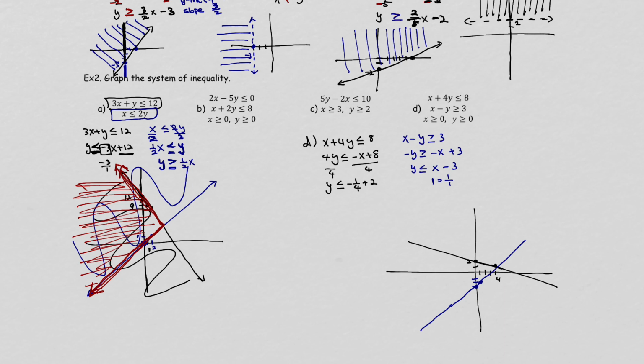And then let me use the green. For x is greater than or equal to 0. This is the x-axis. That's x equals 0, right? x equals 0 is going to be right here.